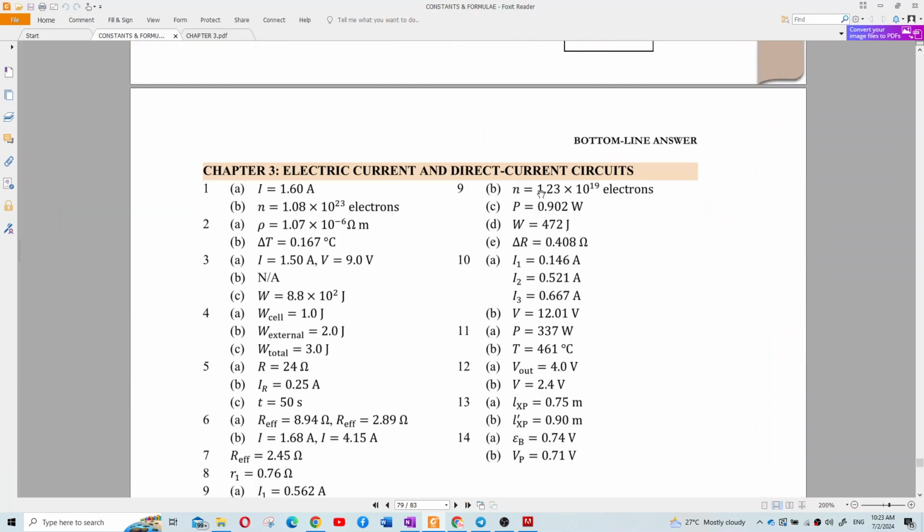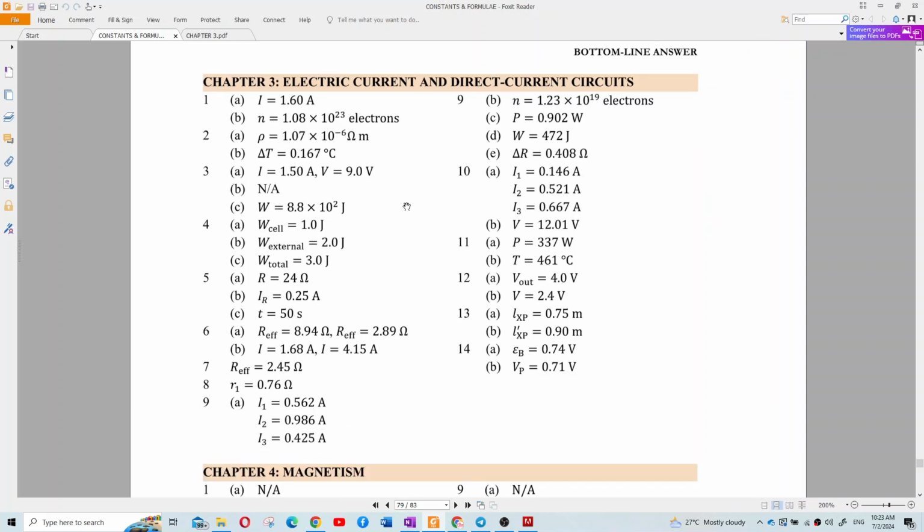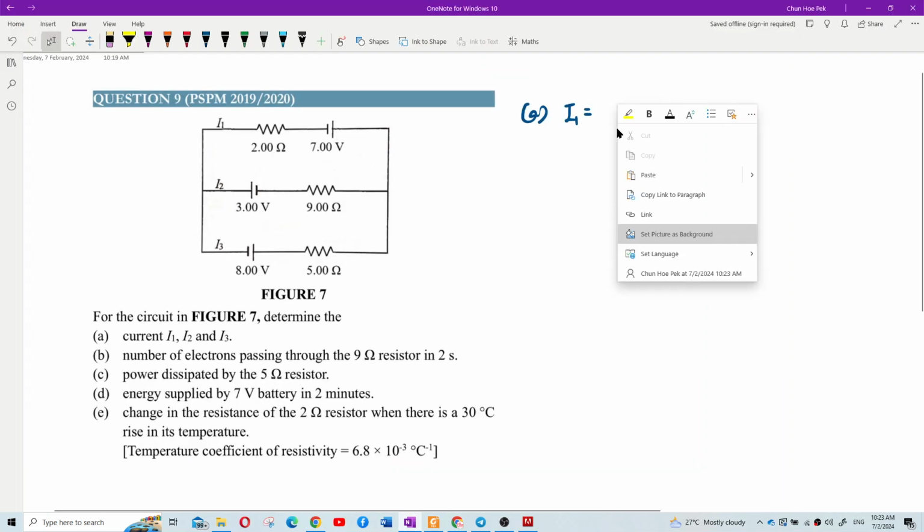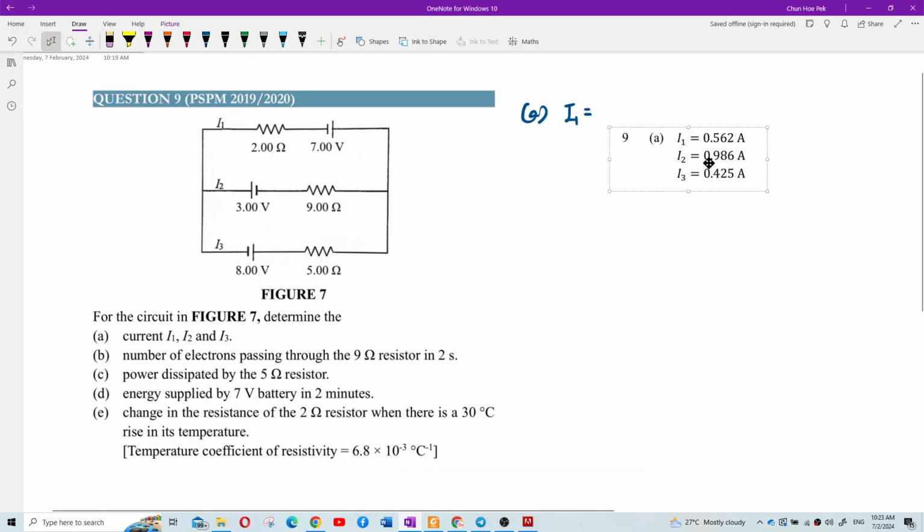Okay, I just snapshot this one. This is the value of all the currents.